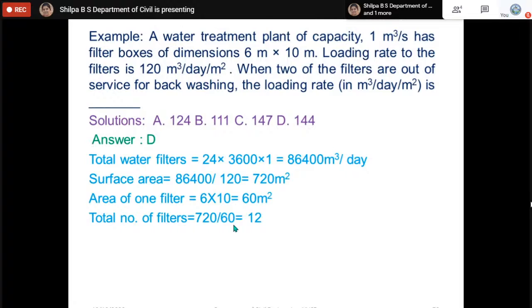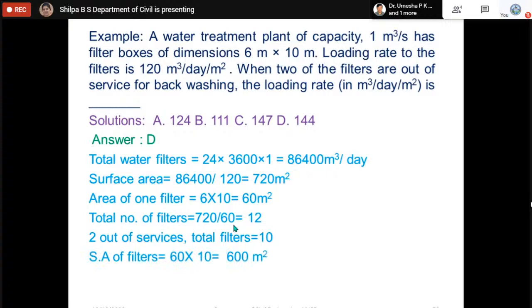Out of these 12 filters, as given in the statement, two filters are out of service for backwashing. Means two filters will be kept as standby, and only 10 filters will be in operation.